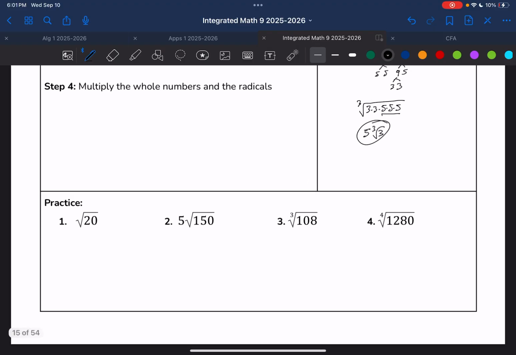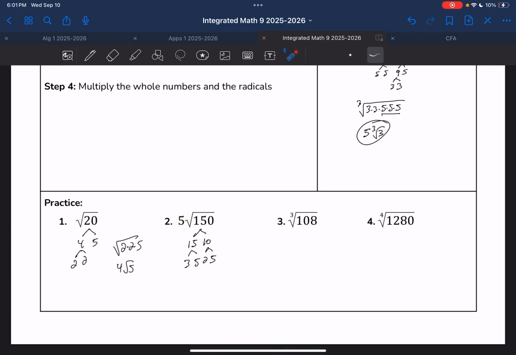So we can do the same thing down here. 20, that's 4 and 5, that's 2 and 2. Square root of 2 times 2 times 5 is 2 root 5. 150, if we did 15 and 10, we get 3 and 5, 2 and 5. And now we have a number out in front.